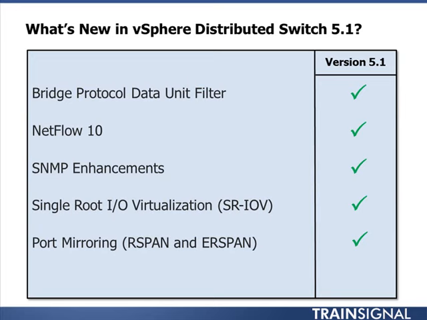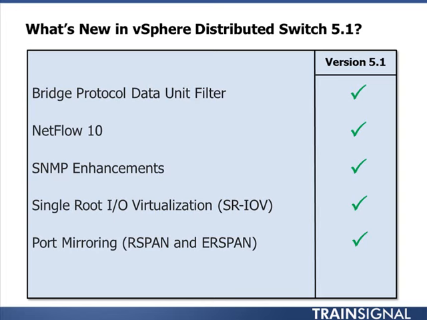The first one is the BPDU filter, or the Bridge Protocol Data Unit filter. Now, for those of you who don't know what BPDUs are, these are actually the packets that physical switches exchange as part of the spanning tree process to discover the network topology. Now, vSphere distributed switches and standard switches don't participate in that STP process and thus don't send or receive BPDUs.